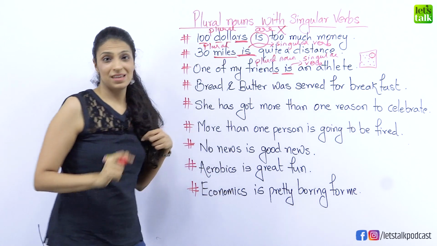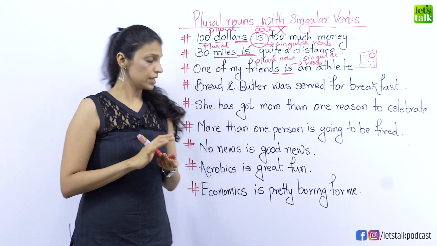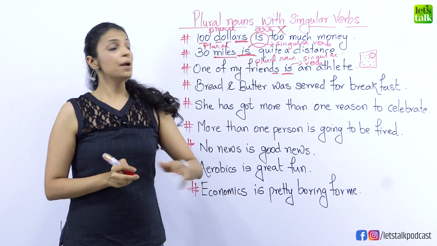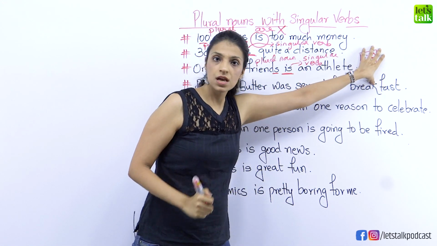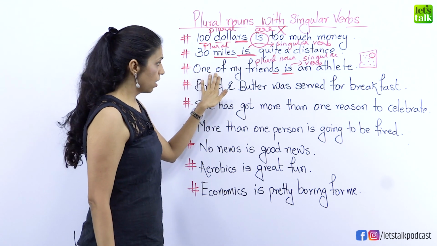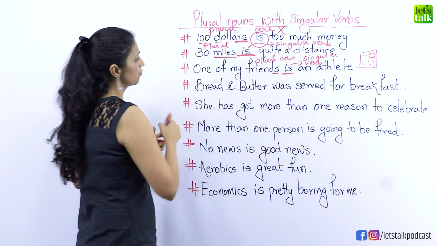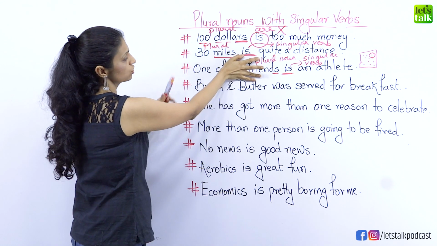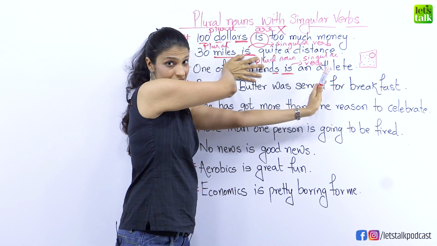And you must be thinking, why is it so? Well, it's very simple because I'm not talking about all the dots. I'm talking about one of them. So one, if I kind of cover off my friends, so I have one is an athlete, right?